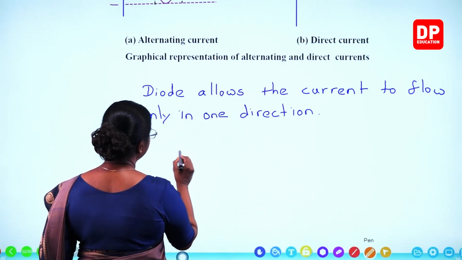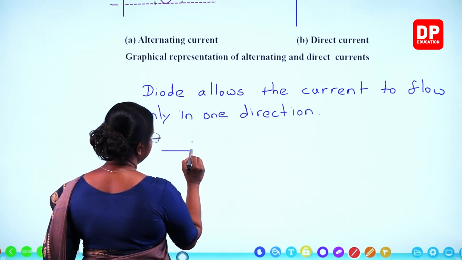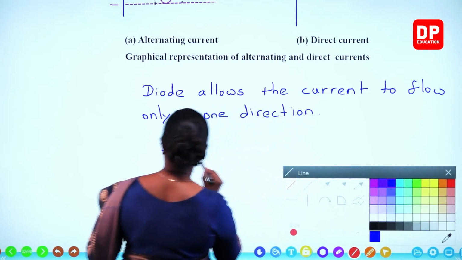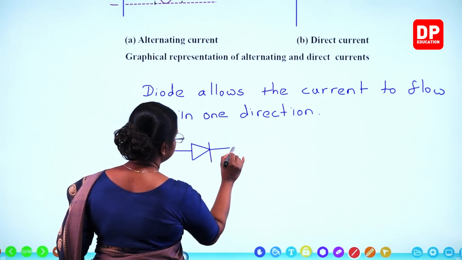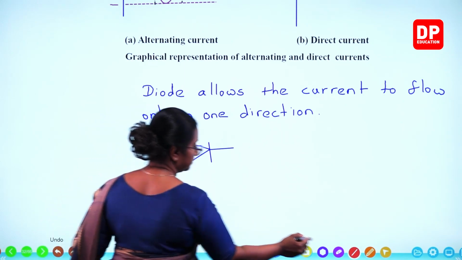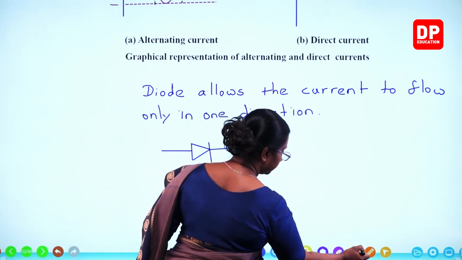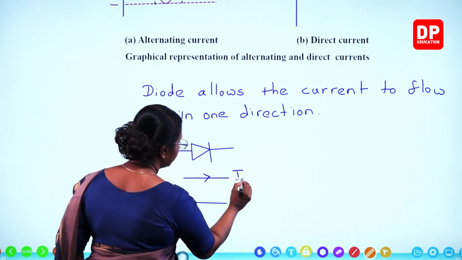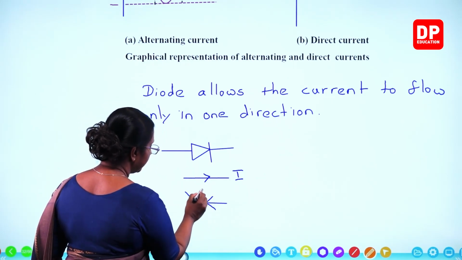Now when we have a diode connected this way, a diode connected like that, it will allow the current to flow this way. But current cannot flow in this direction.